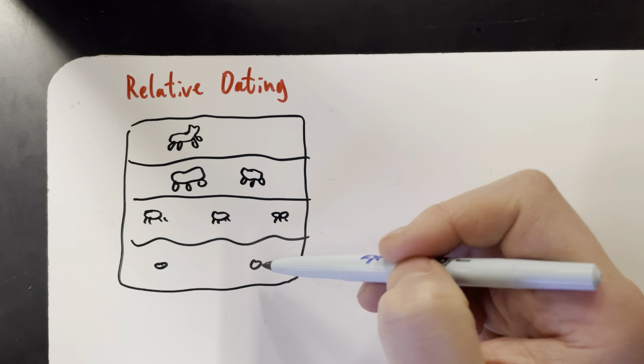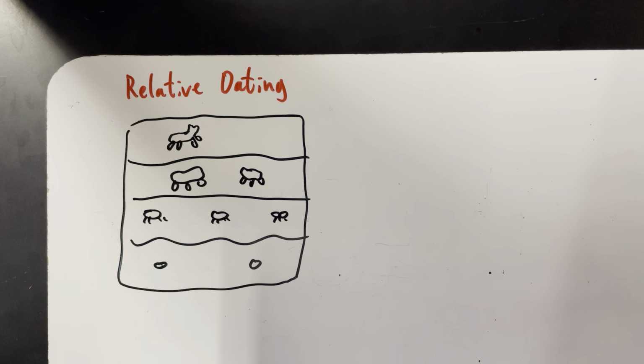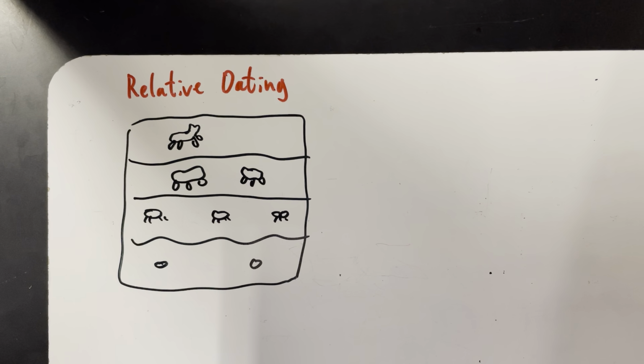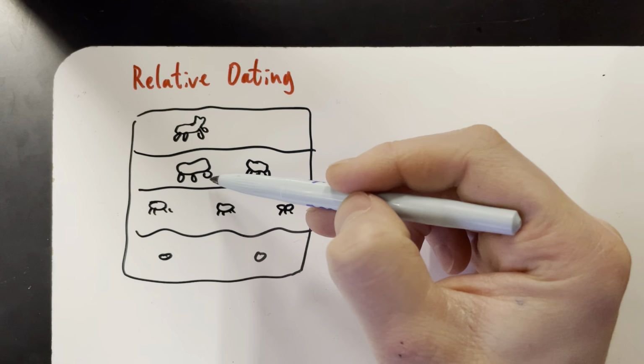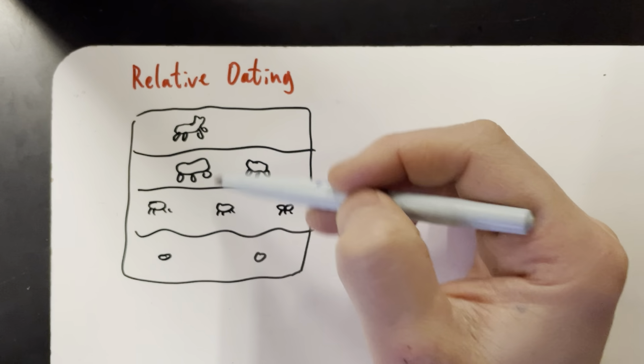So the oldest layers are at the bottom, the newest layers at the top. Not always true. In rare cases, sections of the earth are uplifted and flop over. But 99.9% of the time, the newest layers of rock are at the top, the oldest at the bottom. Therefore, if you find a fossil above another fossil, the newest one is the one on top.